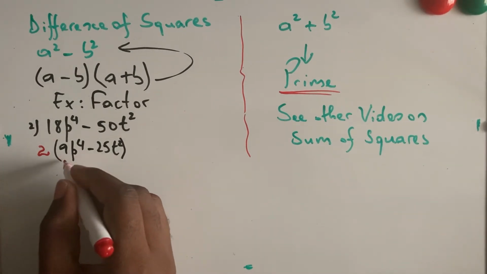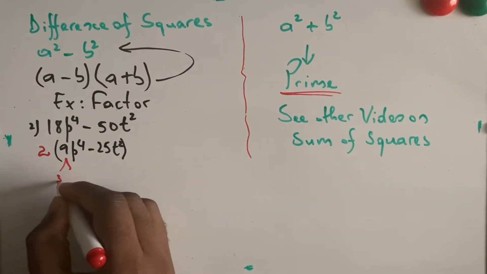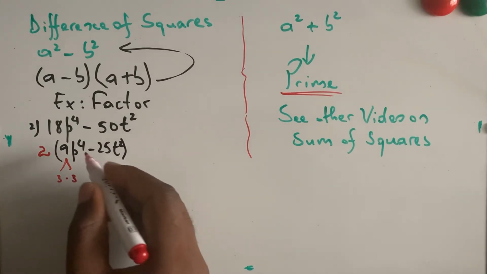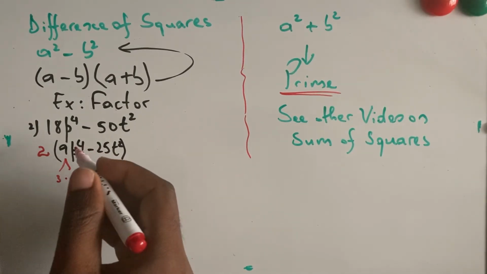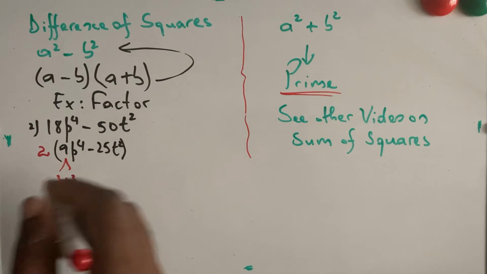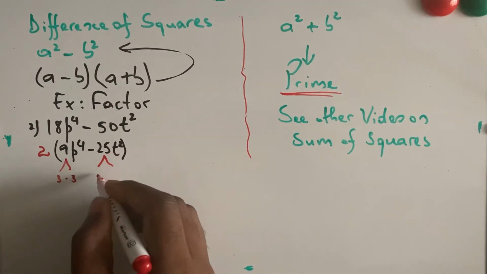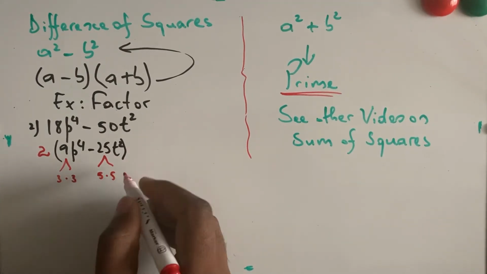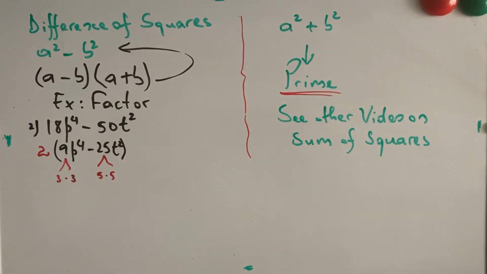Okay, that's why you know 9 is a perfect square. Now, p to the 4th is a perfect square because 4 is divisible by 2. 25 is a perfect square because that's 5 times 5. t squared is a perfect square because 2 is divisible by 2.